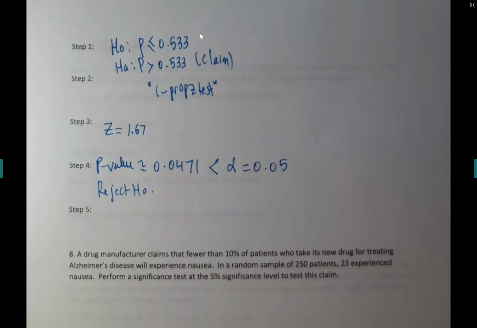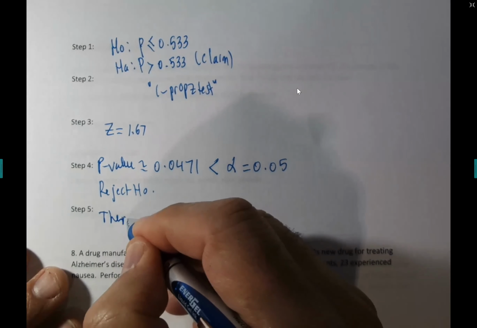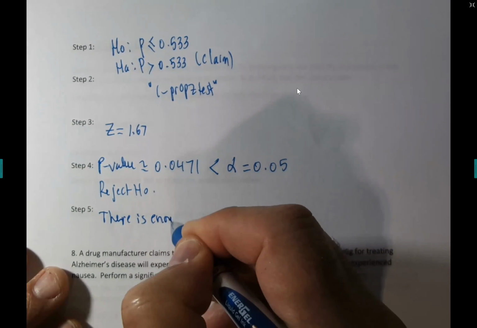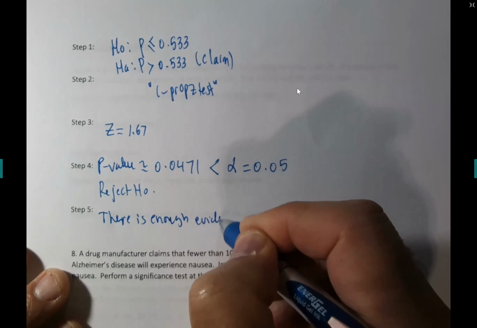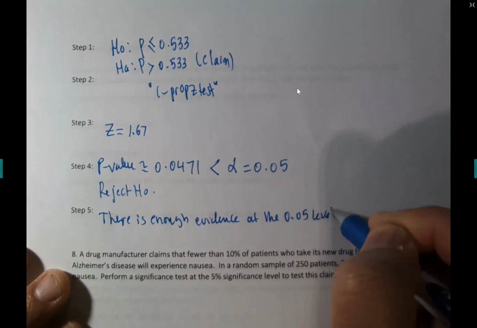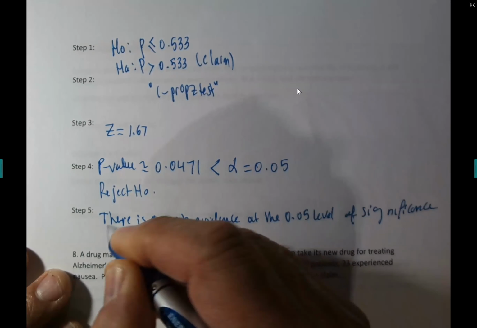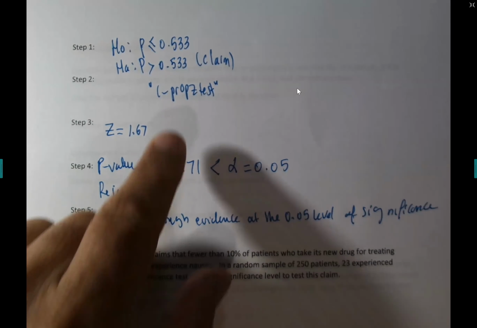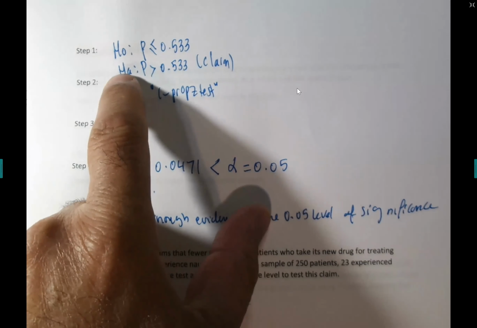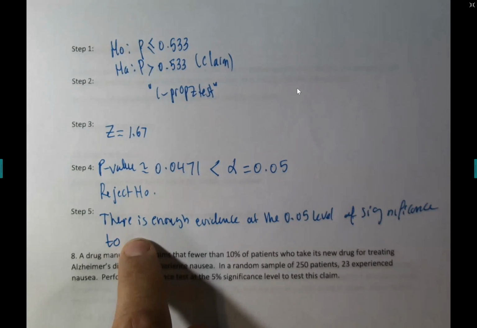And I'm going to follow, guys, my technique of writing the conclusion. I'm not going to come up with new ideas, whatever I've been doing. So if we reject H0, I told you earlier, you start with there is enough evidence at the 0.05 level of significance to support the claim. Where is the claim, guys? In HA. And what word do I use when the claim is in HA when I state the conclusion?